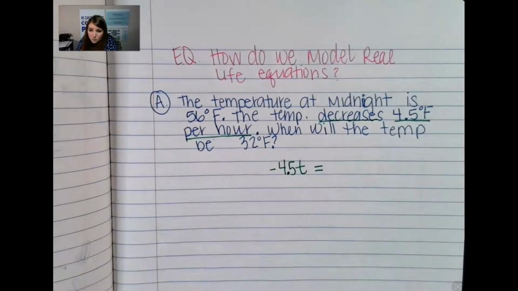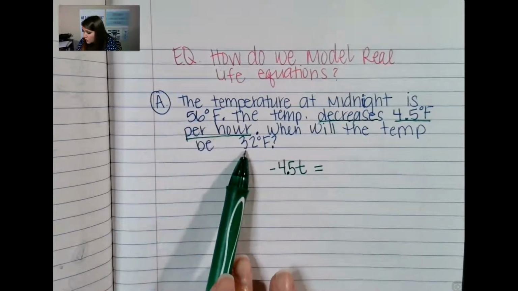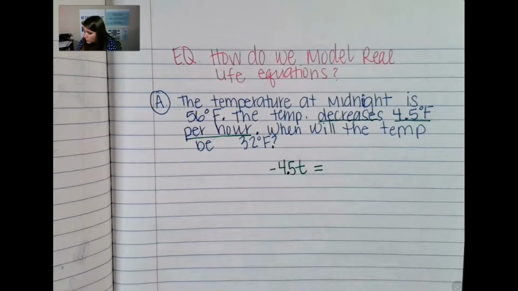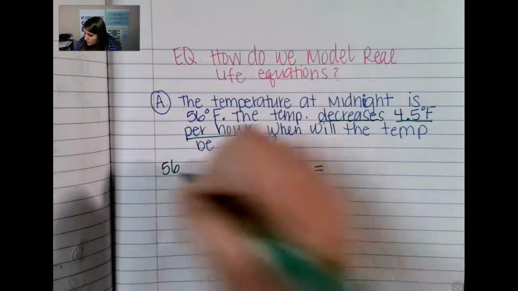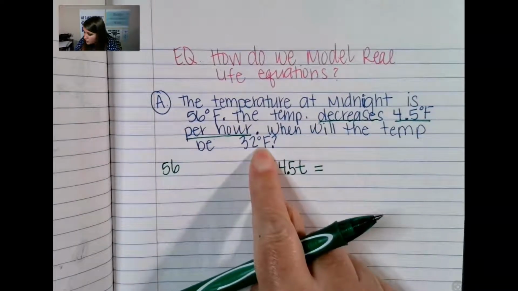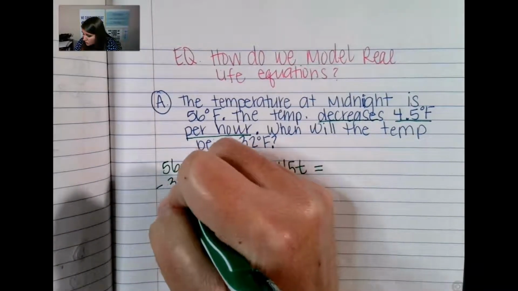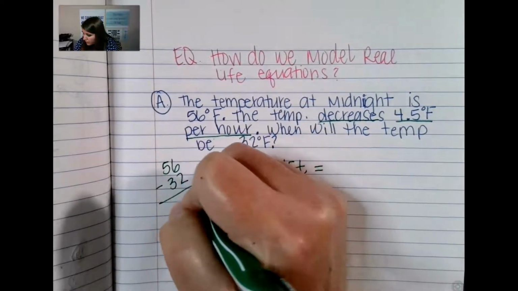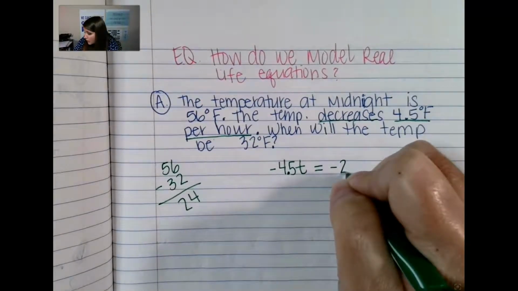What is this supposed to equal? Well, we know that we're looking for the difference between 56 and 32 to get our total temperature that we're decreasing. So we're going to look at 56, and we want the temperature to be 32 degrees. So how many degrees does it go down? It goes down 24 degrees. So if it's going down 24 degrees, we're also going to use a negative sign.